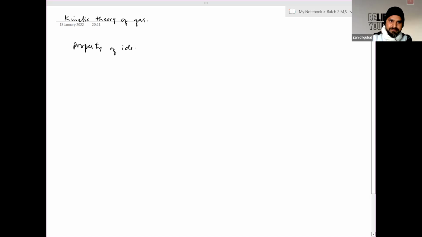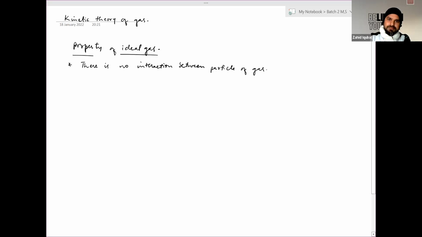Properties of an ideal gas. In the last chapter, I differentiated between real gas and ideal gas. I told you that if there is no interaction between the particles of a gas, then it behaves as an ideal gas. So the first property is that there is no interaction between the particles of the gas.